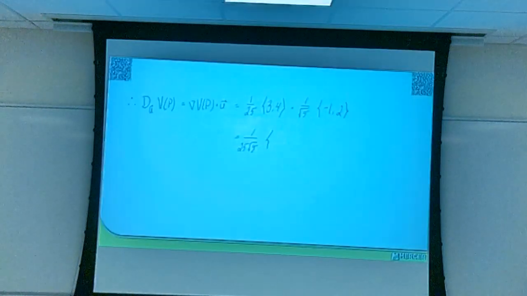Right, so take the product of the scalars. 1/25th times 1/5 is 1/25√5.